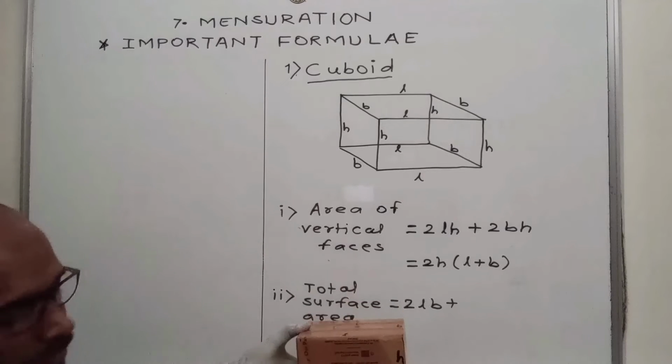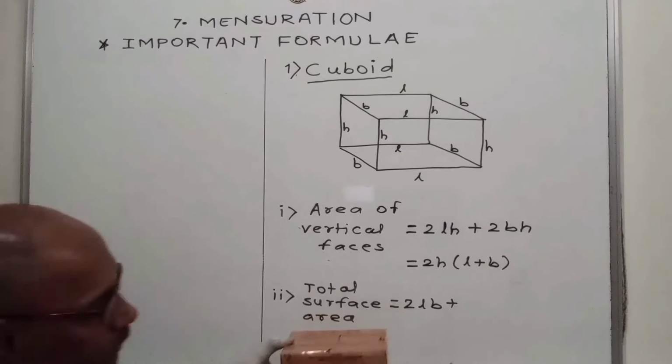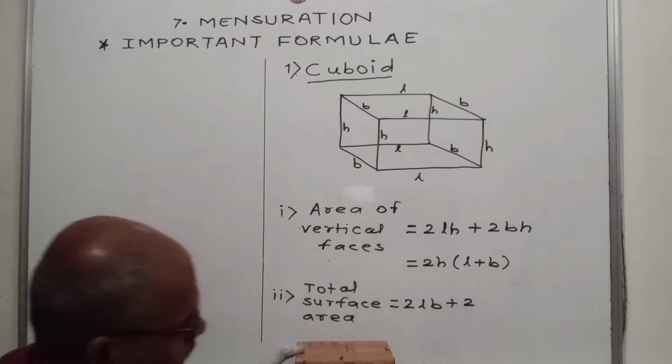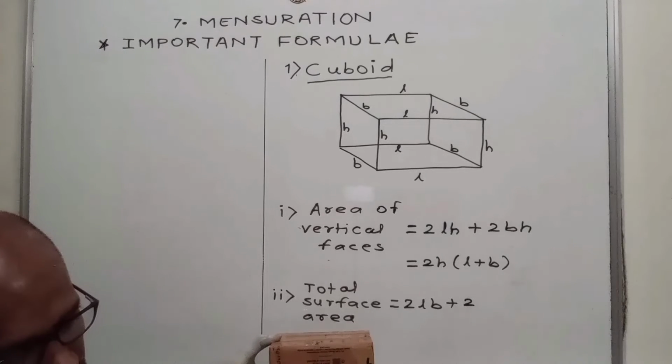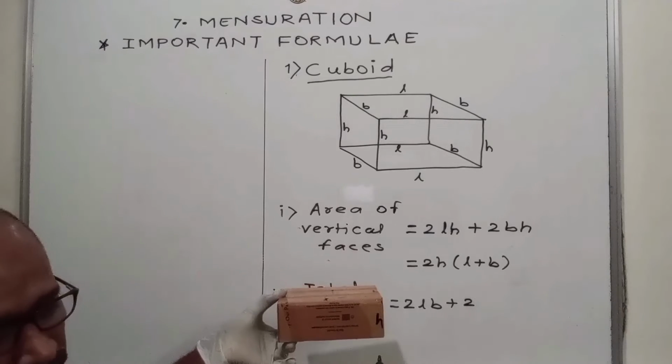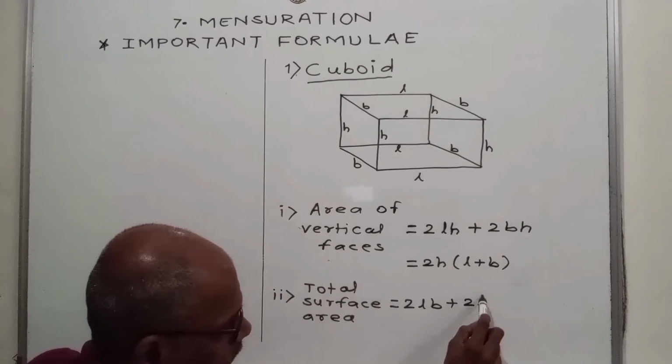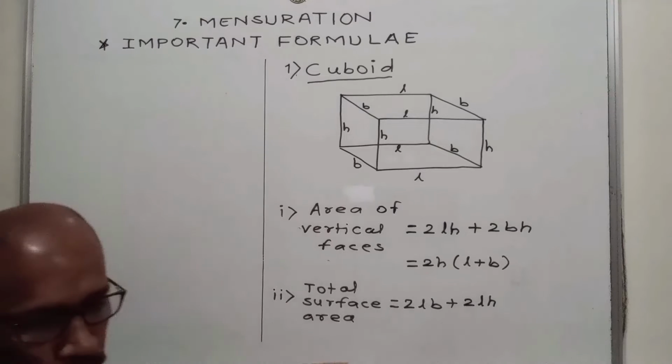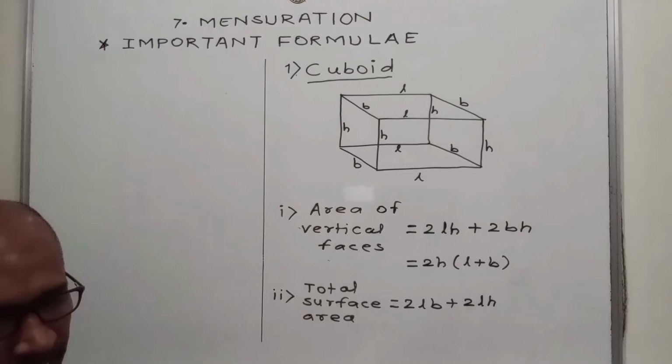These are congruent and two faces. Therefore, this is length and this is height. Length into height, 2LH.